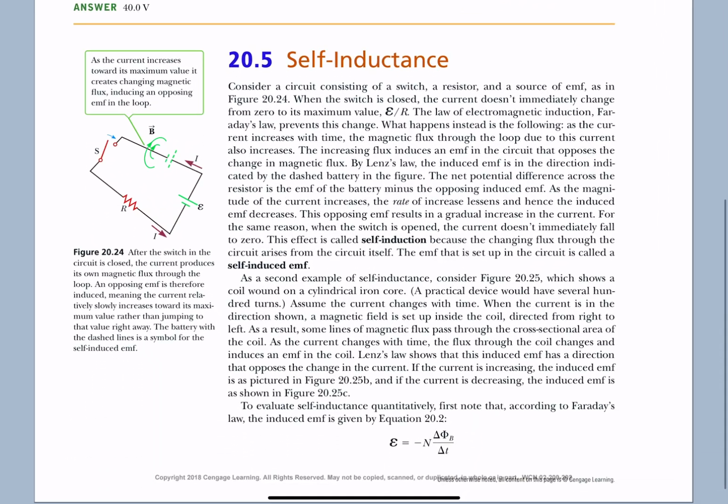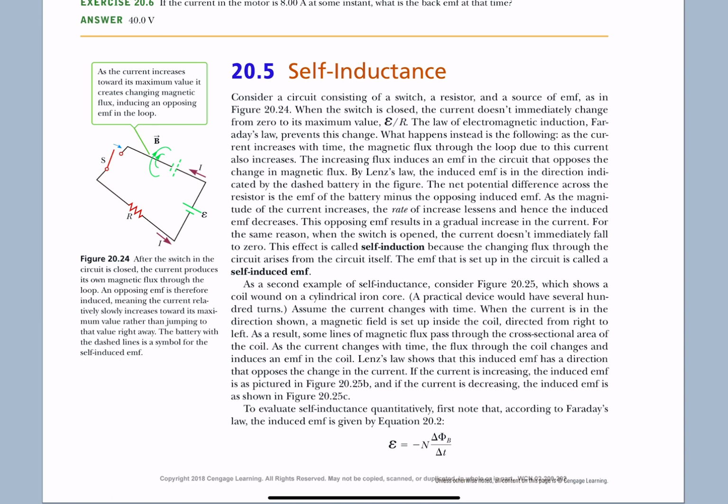It's a little easier to understand this if we get into the topic of self-inductance in just a few minutes. In other words, when current goes through a wire, that current creates its own magnetic field.